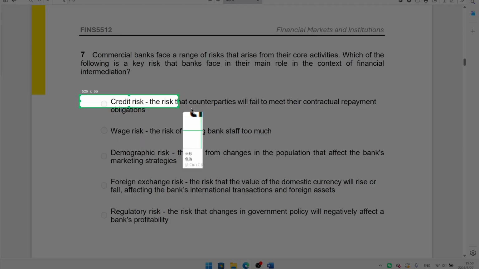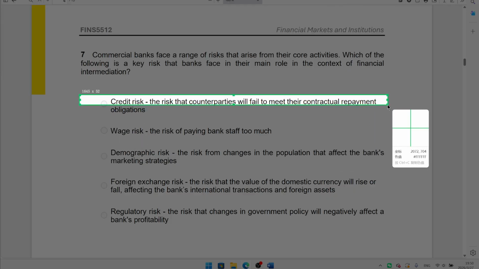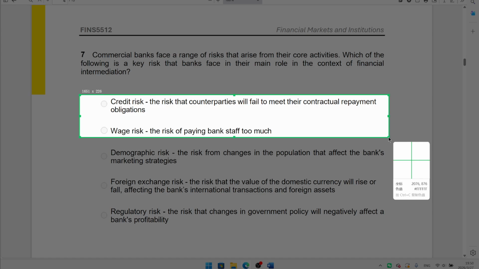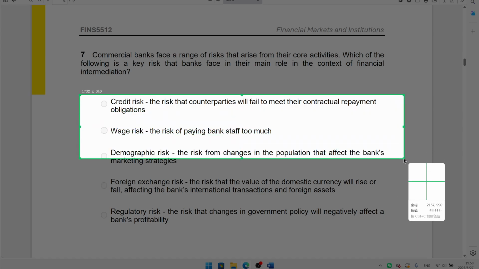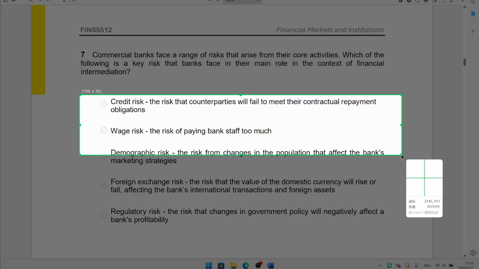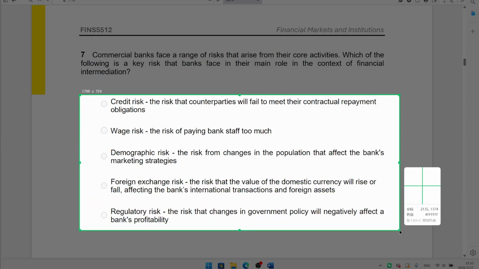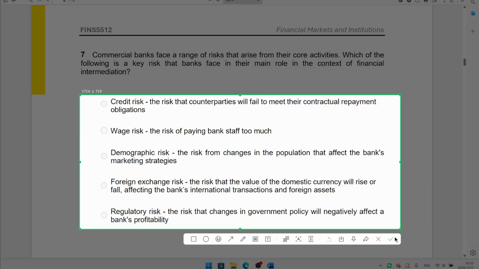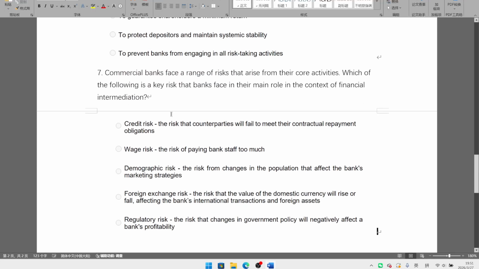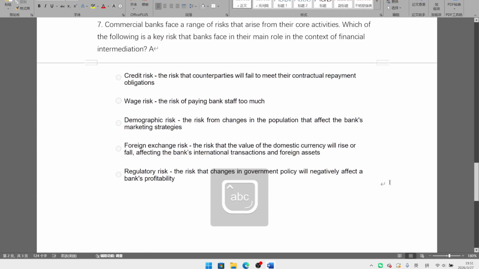Credit risk, that a counterparty fails to meet a contract agreement. Wage risk. B is not correct. Demographic, the risk of changing population affecting banks. Maybe no. Foreign exchange, no. Regulation, the risk that changes in government policy. It's credit risk.